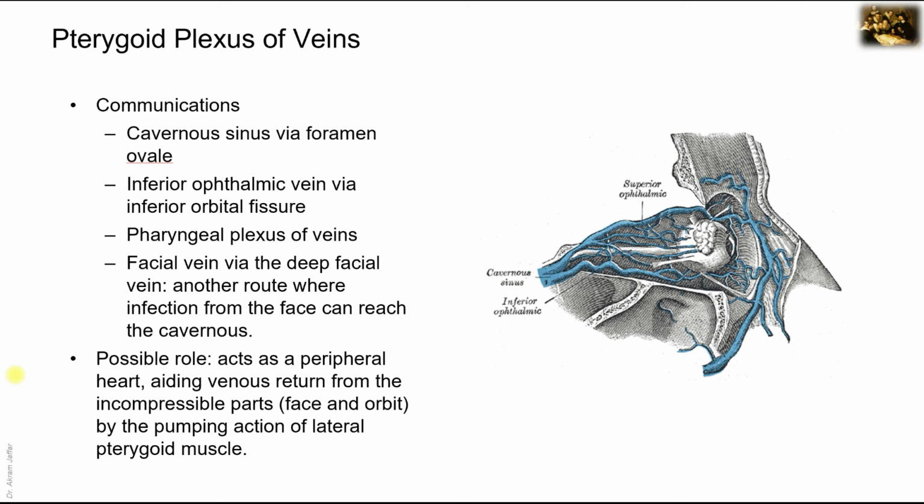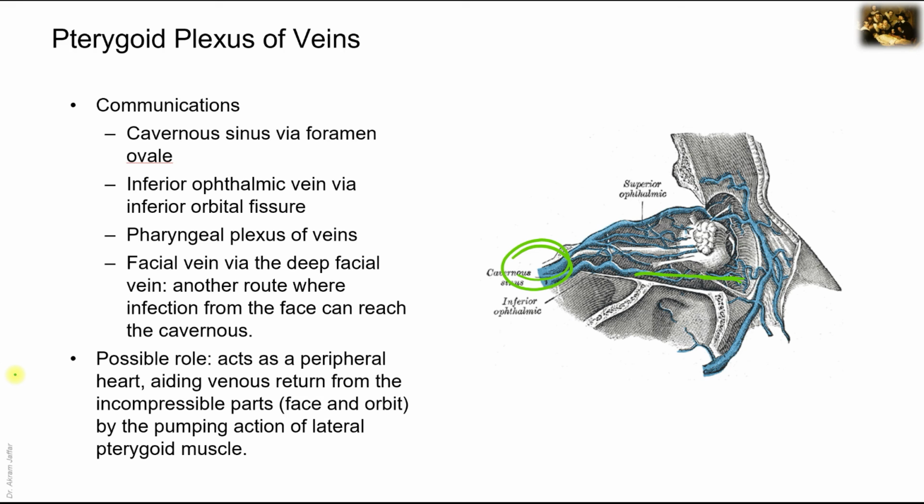So it communicates with the cavernous sinus, which is located inside the middle cranial fossa on either side of the pituitary fossa, and this communication is through foramen ovale, because foramen ovale communicates between the infratemporal fossa and the middle cranial fossa, and also it communicates with the inferior ophthalmic veins.